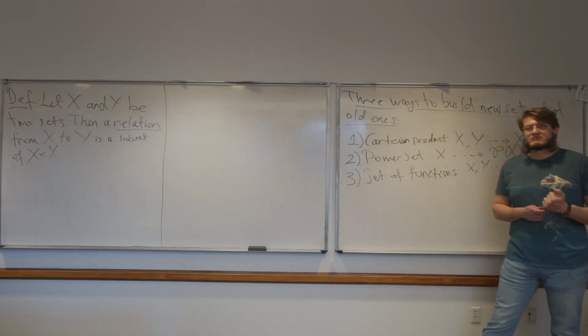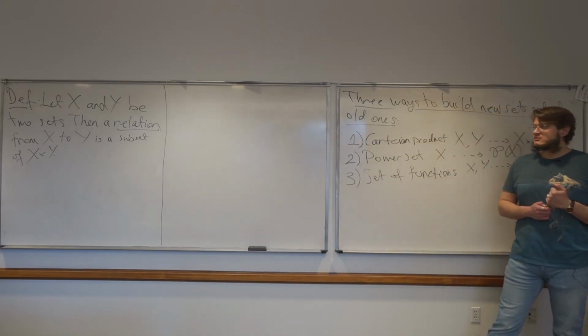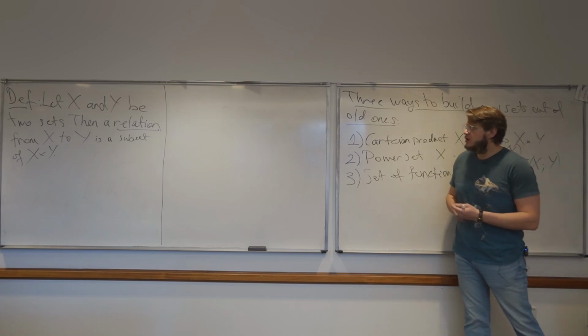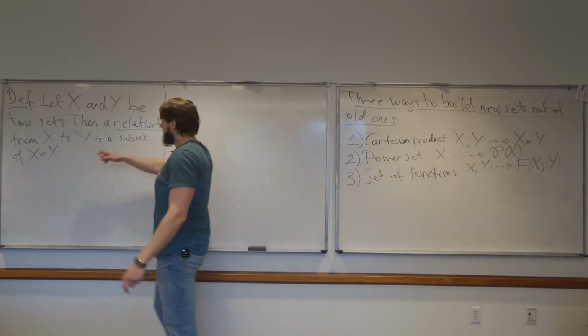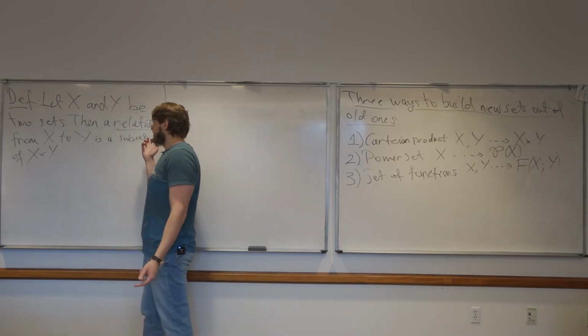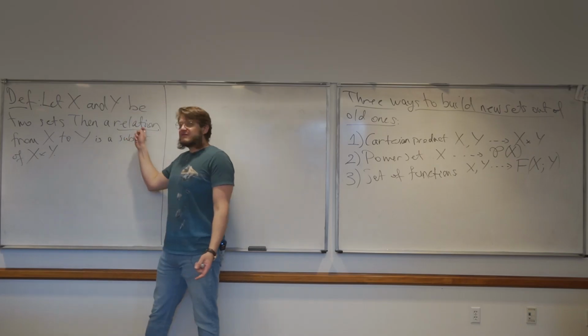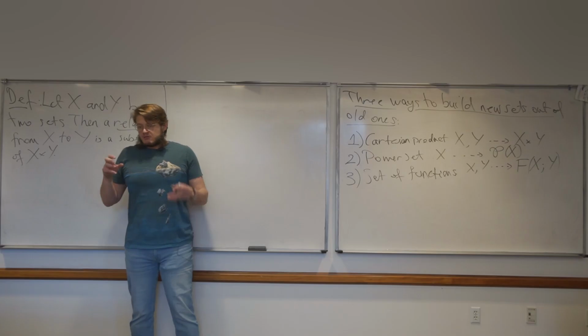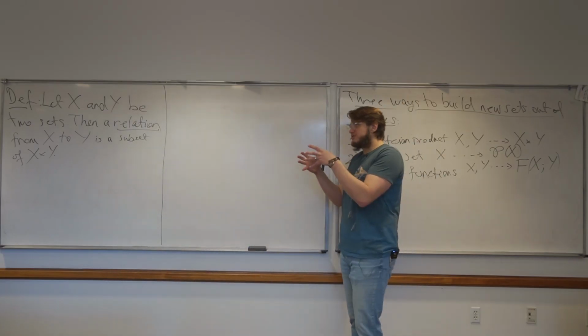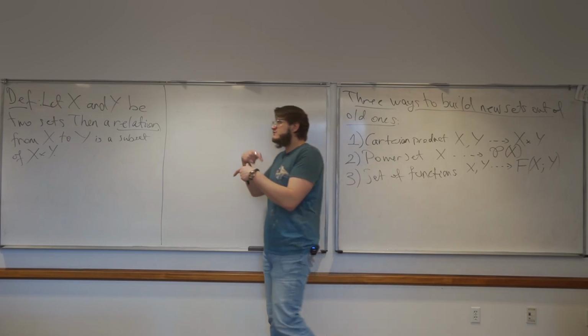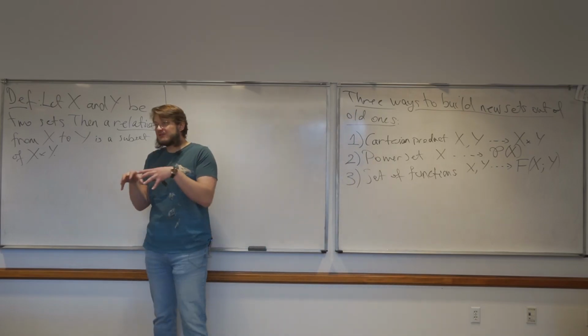Okay. Now, you might say at this point, well, if a relation is nothing but a subset of X times Y, why not just call it that? Well, the point is, this is sort of like an abbreviation. What we're going to do in this class is that we started with simple objects, and we're going to start defining new things in terms of simpler things.